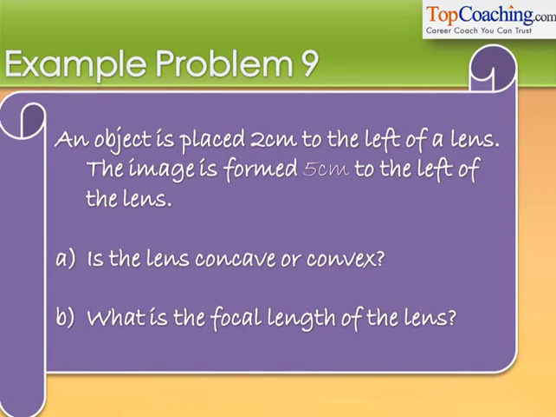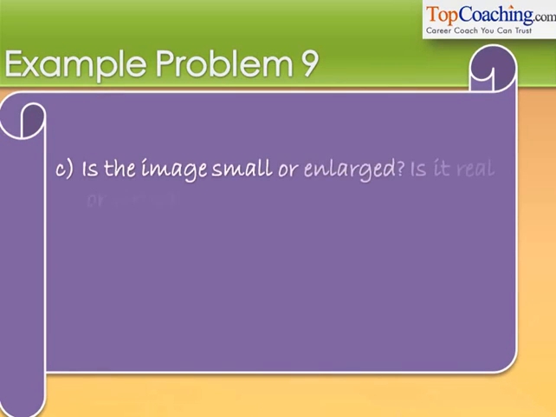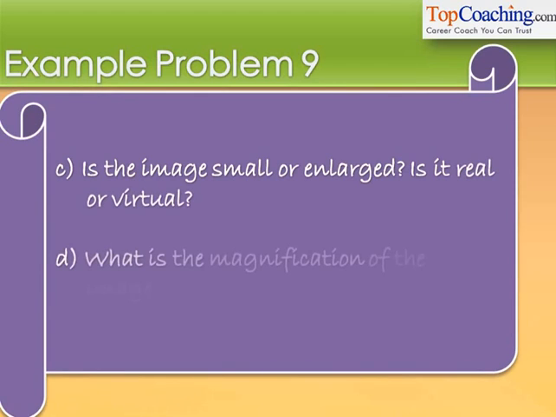Is the lens concave or convex? What is the focal length of the lens? Is the image small or enlarged? Is it real or virtual? What is the magnification of the image? So many details have been asked. What do we do? Don't worry, it's actually quite a simple question.